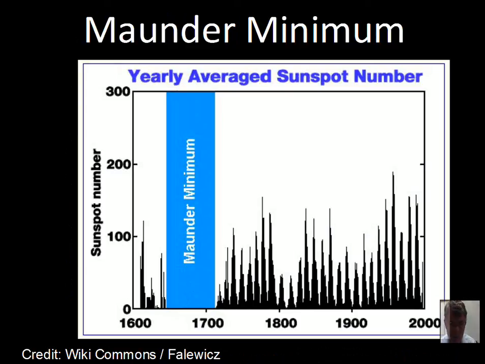There was more ice skating done, more throwing of snowballs as the winters were lasting longer. The summers were not as warm. But there is an apparent connection that when there are fewer sunspots, the Earth gets colder. That's the conclusion of this Maunder Minimum.